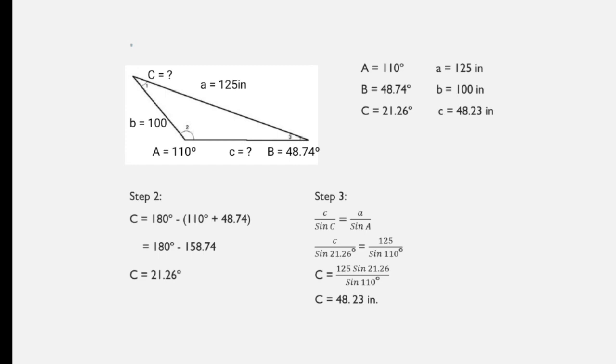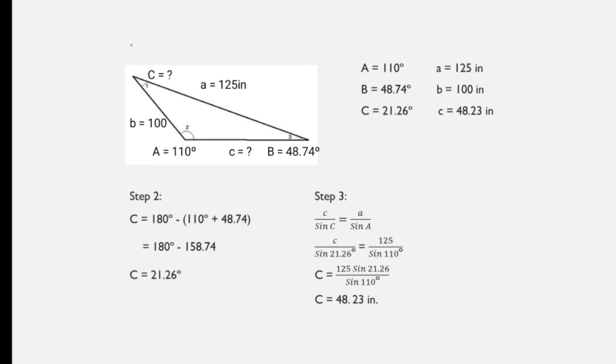Now, what we are going to do is find the side c. Again, we need to use the sine law for this. Now, we have step 3 for the last missing part. So we have c over sine C. Since we want to get c equal to a over sine A, because these are the complete proportion earlier.